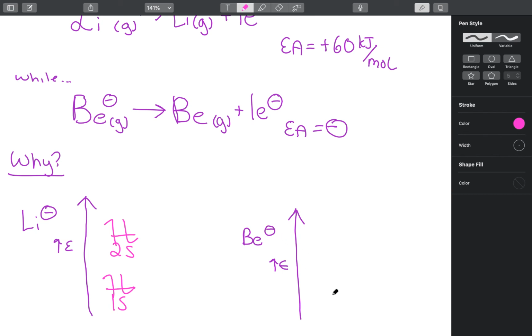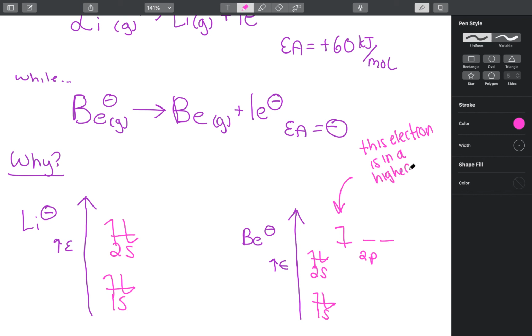So the beryllium anion has electrons in its 1s subshell, its 2s subshell, and then one lonely electron in the 2p subshell. So why do you think it's easier to lose an electron from beryllium than it is to lose one from lithium? Well, it's because this electron is in a higher energy subshell.